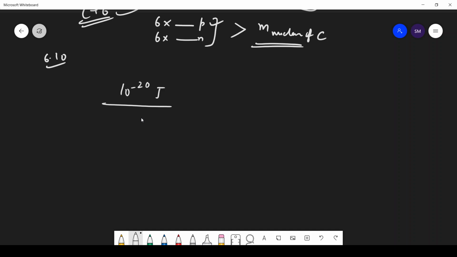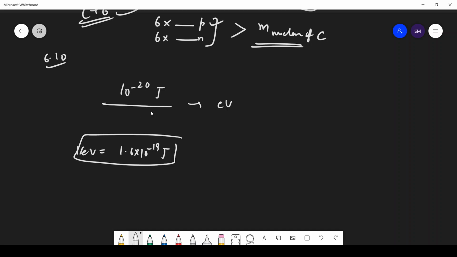And now we want to change it to electron volt. So we know the relation that 1 electron volt is equal to 1.6 into 10 to the power minus 19 joules. So how much is this in electron volt? You can also write it that 1.6 into 10 to the power minus 19 joule has 1 electron volt.